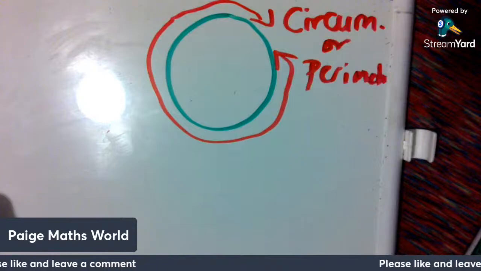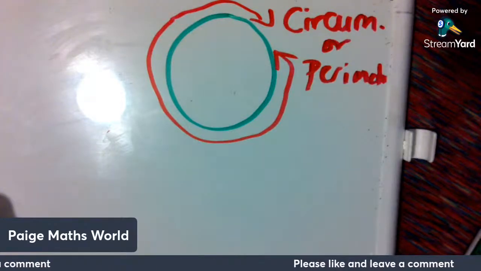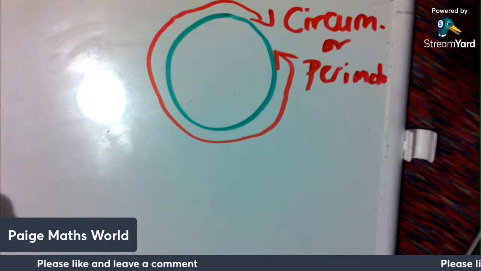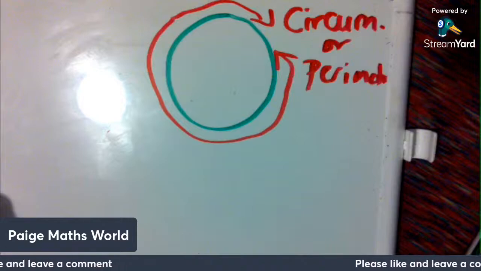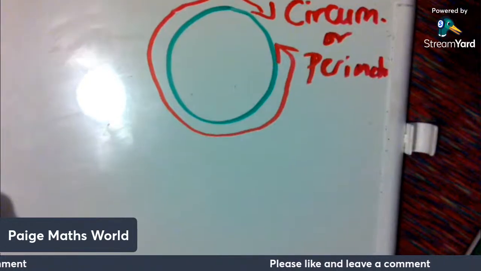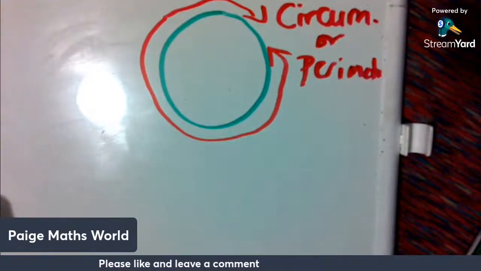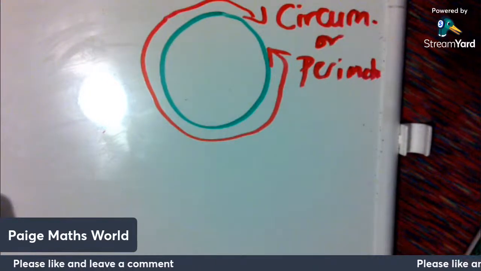But please note, circumference of a circle and perimeter of a circle are the same thing. Circumference just sounds more like a circle, but if you see perimeter or circumference of a circle, they're referring to the same thing.